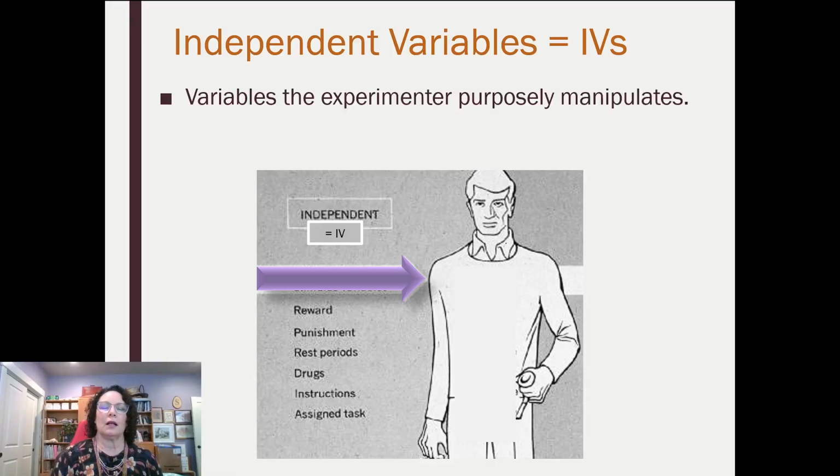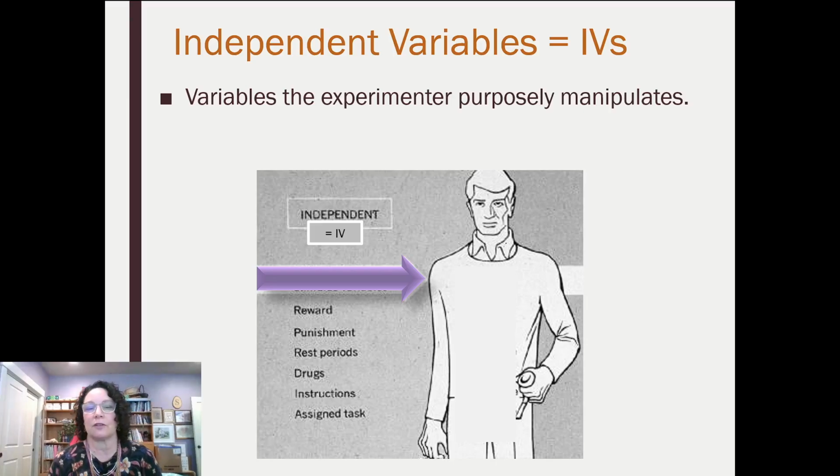So an easy definition of the independent variable is it's the variable or variables in a study that the experimenter purposely manipulates. It's really important to say purposely, because there are other variables that might be happening that the experimenter doesn't have control over. We'll talk about those later. But what we're talking about here, the independent variable, the experimenter is purposely manipulating that.